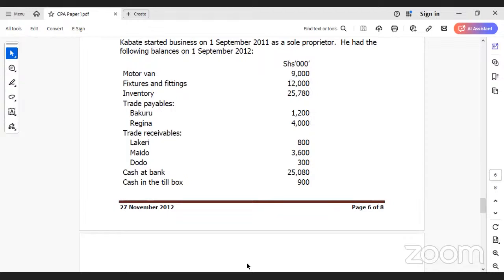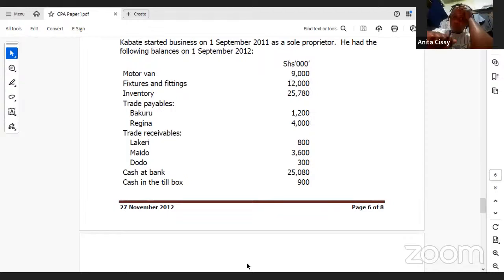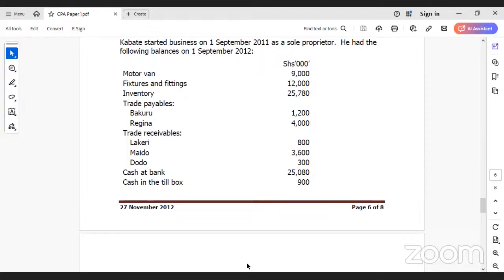So if you don't have the inventory account, then you should also prepare that account. This account's already there. And of course, there are some balances. So we can prepare the inventory account as well.